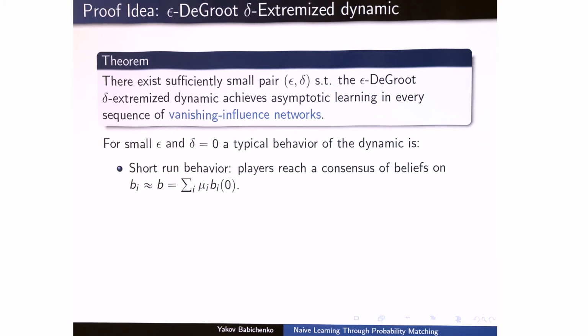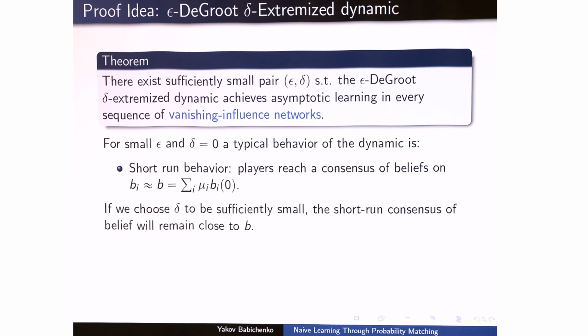The typical behavior of this dynamic will be that in the short run, they will reach approximate consensus on this belief. After this short run, it will very slowly either go to 0 or go to 1. But let's forget about that. We are just interested in observing that in the short run, this will be its behavior.